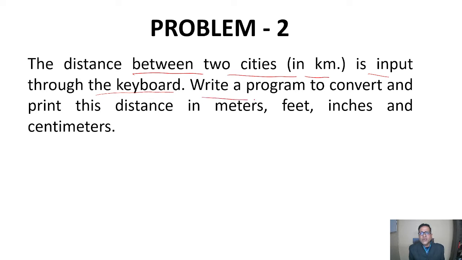We have to write a program to convert and print the distance in meters, feet, inches, and centimeters. It is a program to convert the units of kilometers into meters, into feet, into inches, and into centimeters.